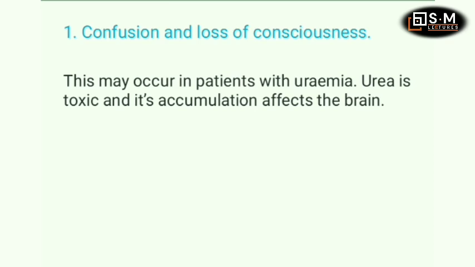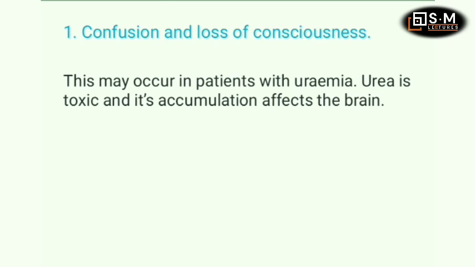Urea is toxic, and it accumulates as a result of no compensatory mechanism that will remove it from the body through excretion. You know, urea is excreted out from the blood by the renal system.